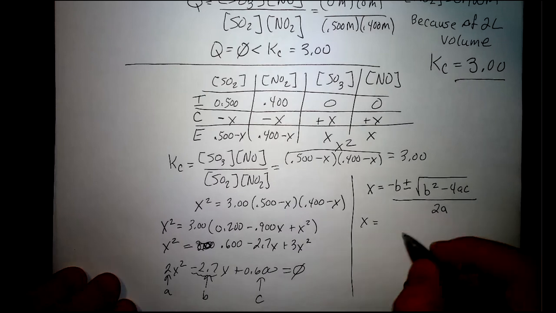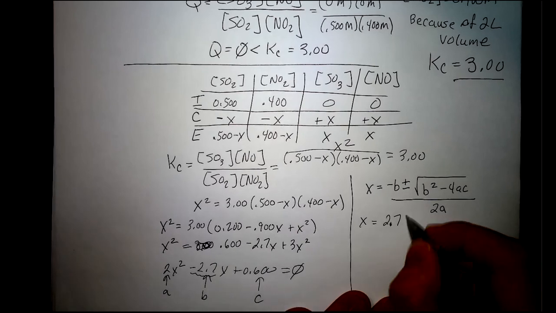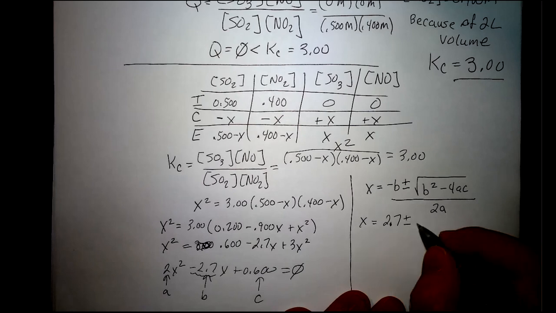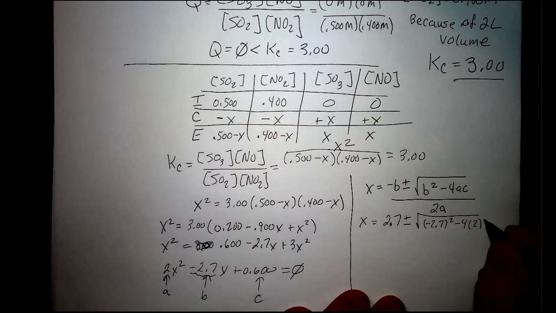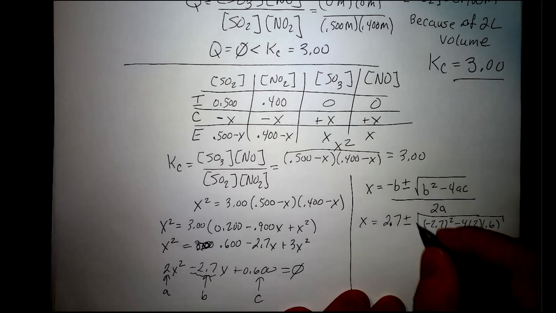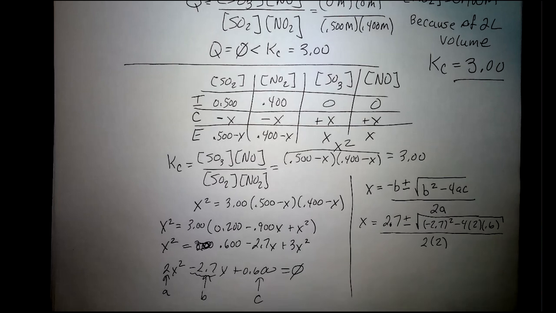So x is equal to negative b, so 2.7, plus or minus the square root of b squared, so negative 2.7 squared, minus 4 times a, which is 2, times c, which is 0.6, which I'll truncate some sig figs for space, divided by 2a, so 2 times 2. Then we just need to run that forward.